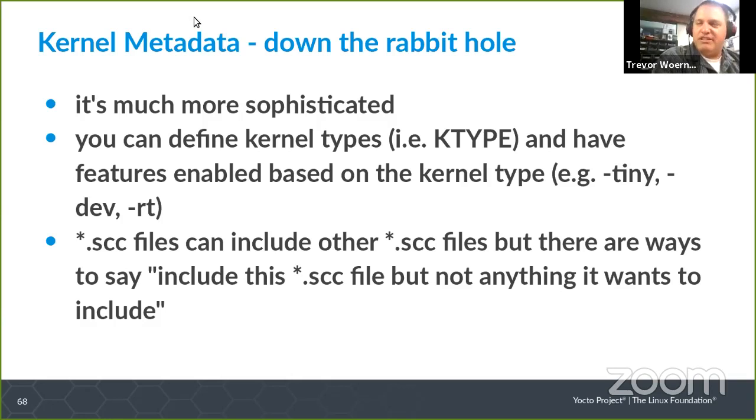You can specify types of kernels, such as tiny, dev and RT, and that can imply which configurations get applied. In fact, as part of your hands-on, when you do a core image minimal and run it in QEMU, there are actually two QEMU-specific SCCs that get applied. One of them enables the pass-through file system type stuff.